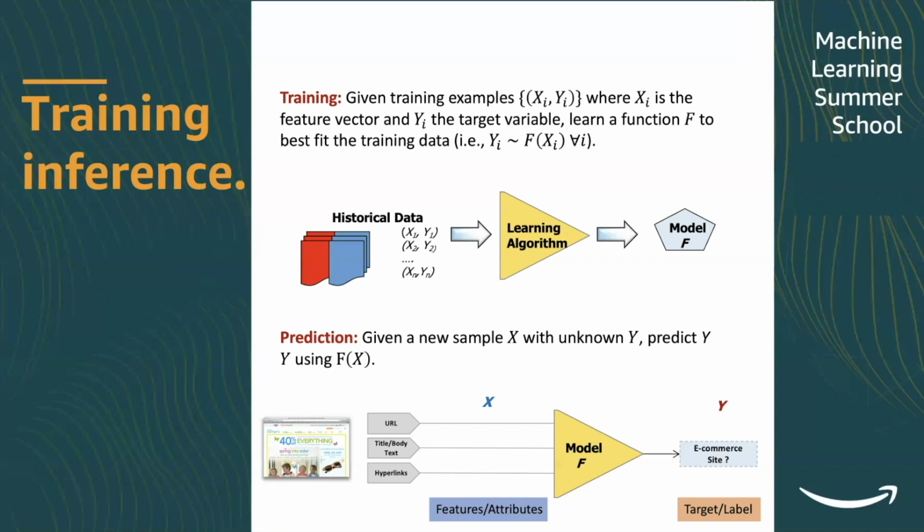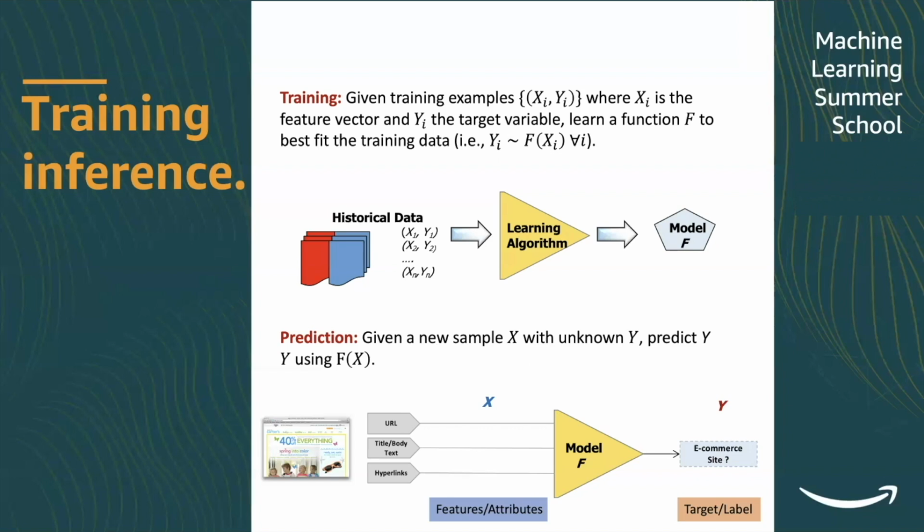Here, the inputs are referred to by the variable x, xi, the subscript i being the index of the input. So let's say we have 100,000 samples or observations in the historical data. i would range from 1 to 100,000. Each of those inputs would have a corresponding target variable or an output, which we want to predict at test time.